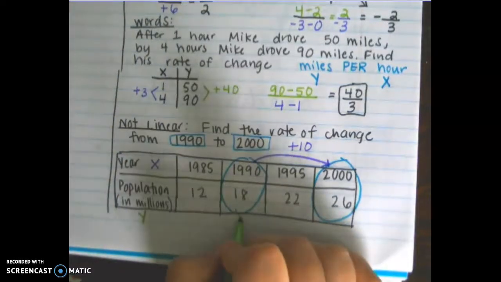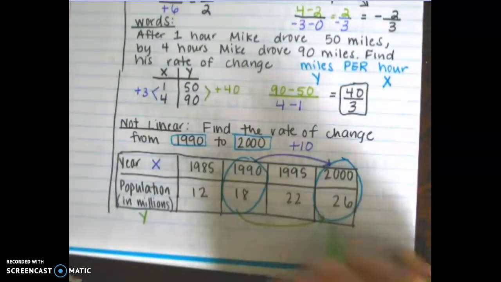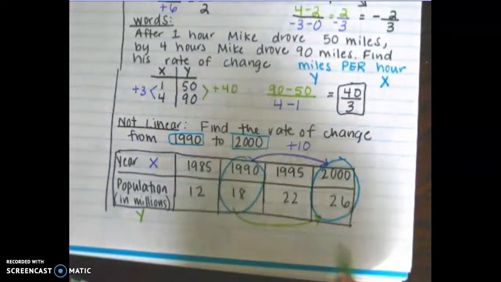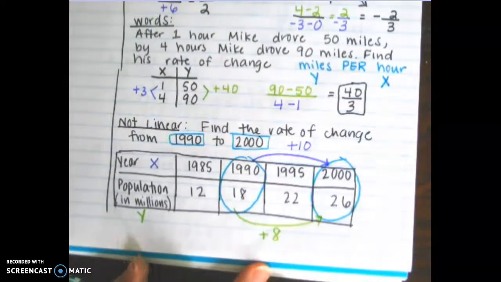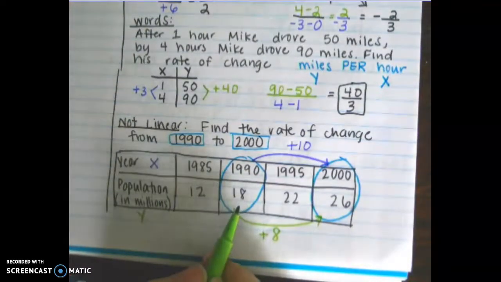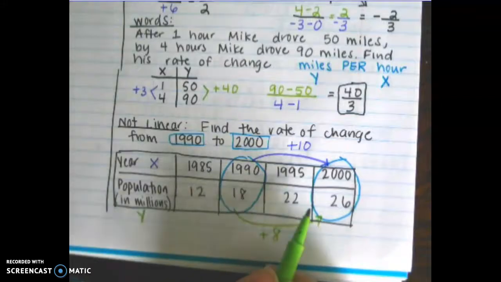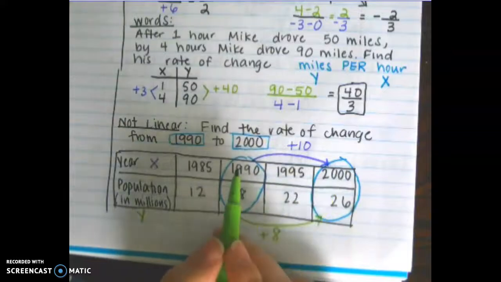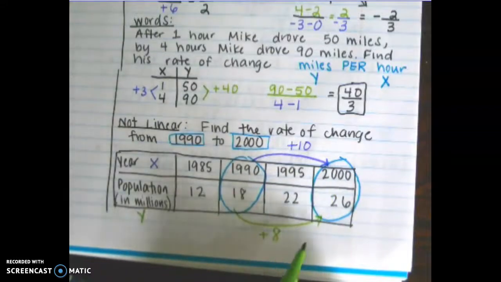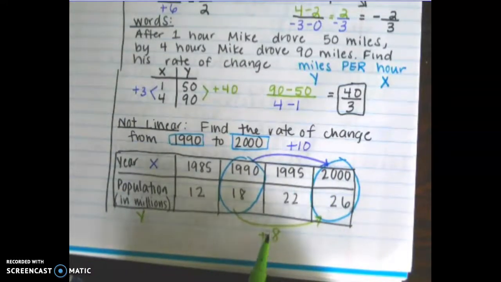From 18 to 26 is up 8. And if you don't know how far it is from 18 to 26, you just subtract them, and it tells you how far apart they are. And I can tell this is getting bigger, so it's got to be plus instead of minus.